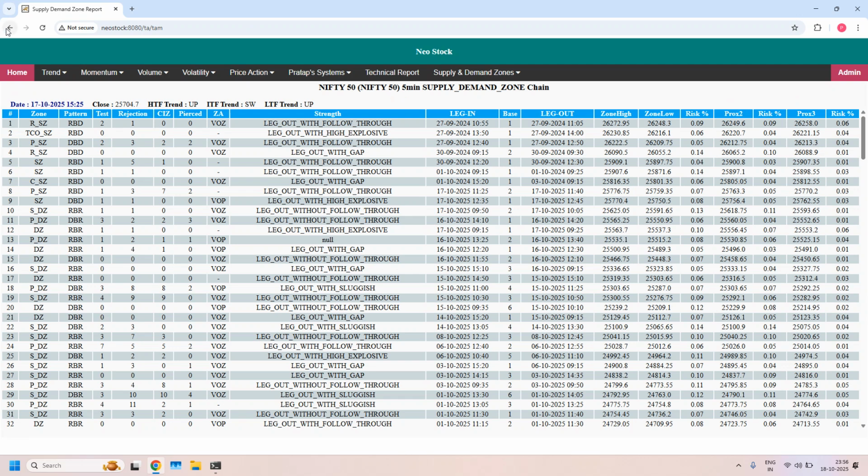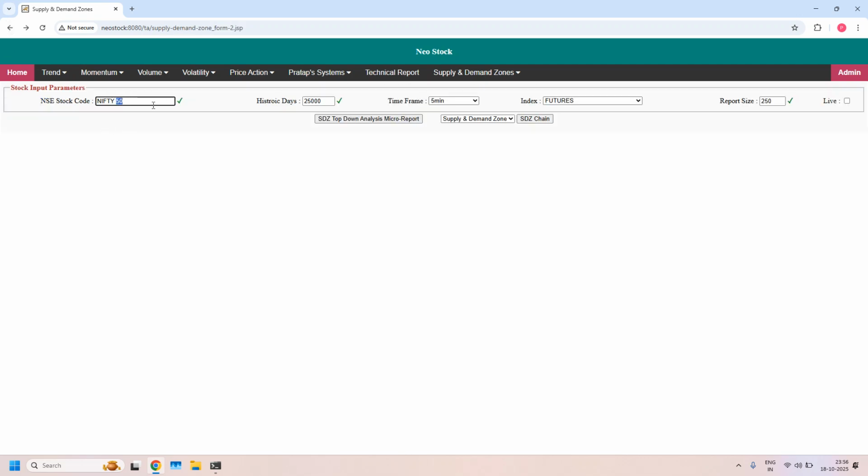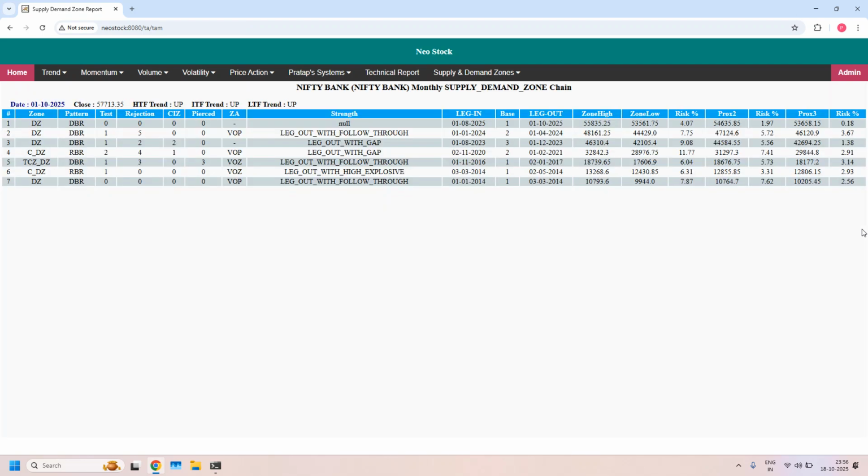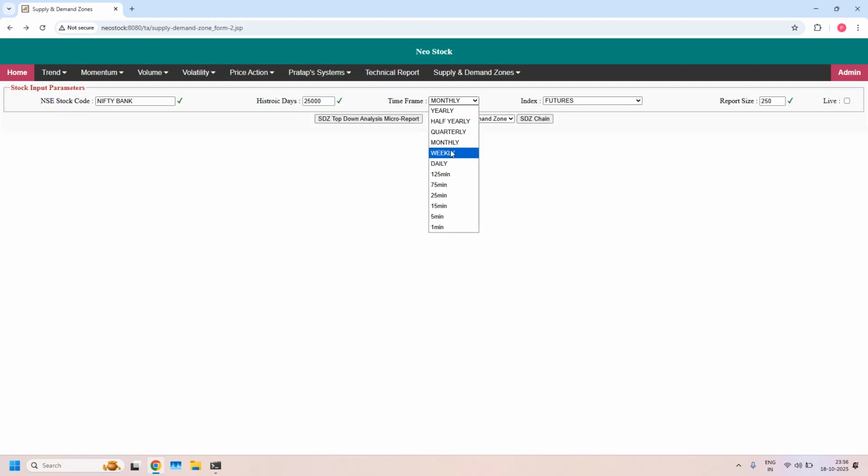Next, I will generate Bank Nifty. Nifty Bank is nothing but Bank Nifty. Generating monthly supply demand zone chain for Bank Nifty. Next, generating weekly supply demand zone chain for Bank Nifty.